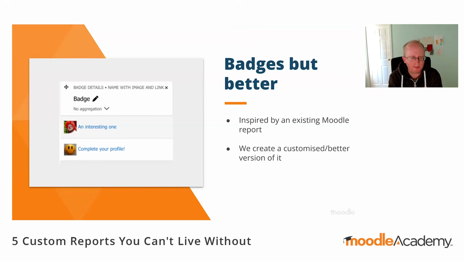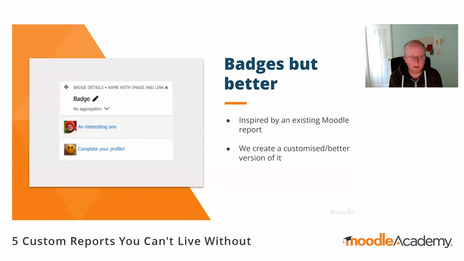Badges. One of the things we can do with custom reports is recreate pretty much any report in Moodle that's also using Report Builder. But when we recreate it, we can make a better version of it. So we're not relying on some far-off improvement that may land in the next version.